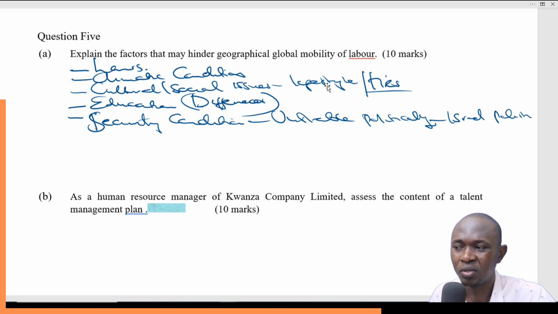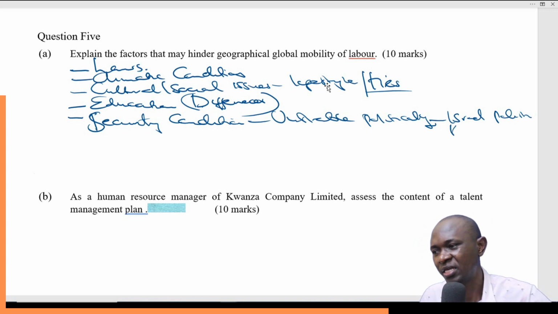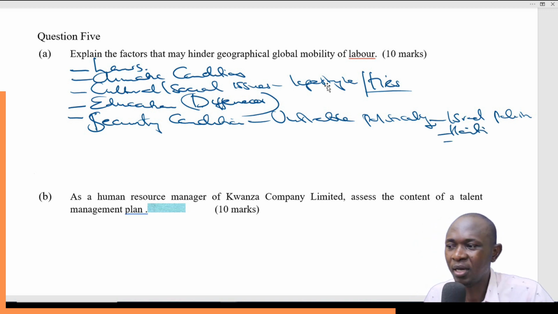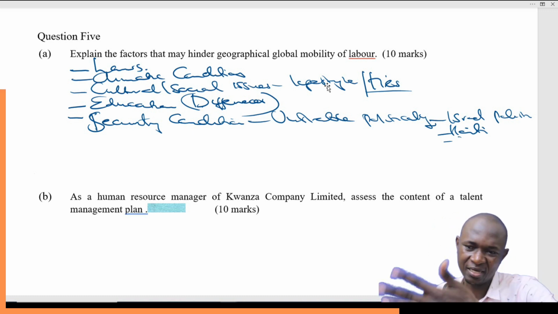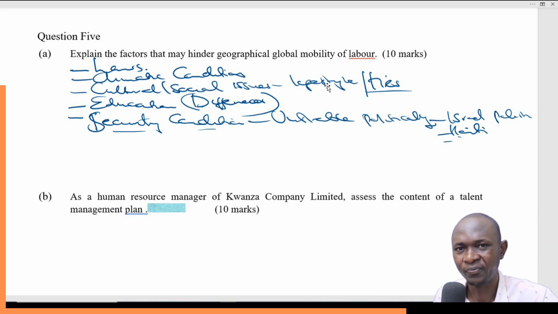There's a war down there, Haiti. There's a place where it has never been stable. Let me not continue mentioning, but security status might also be an issue that might hinder the global mobility of labor.